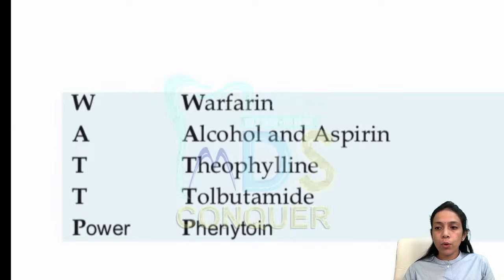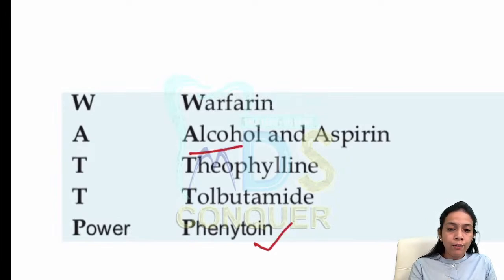This is the mnemonic for the zero order kinetics, that is watt power: warfarin, alcohol and aspirin, theophylline, tolbutamide and phenytoin. These are the drugs which follow zero order kinetics. What does that mean? The majority of the drugs follow first order, except these. Many times I have seen questions with respect to phenytoin as well as alcohol and warfarin.